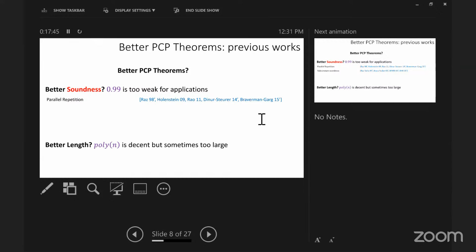And this is a very nice theorem and a very nice technique, and all of it is very, very nice. And there have been several subsequent improvements. And I think that it's fair to say, and people in the audience would probably agree with me to an extent, that parallel repetition is well understood in this context.